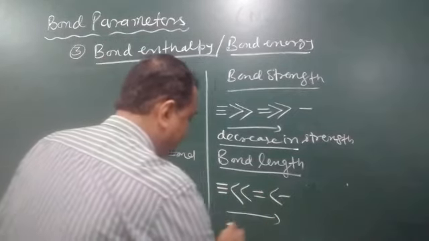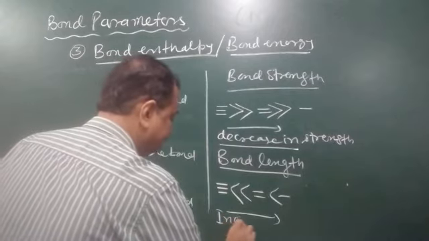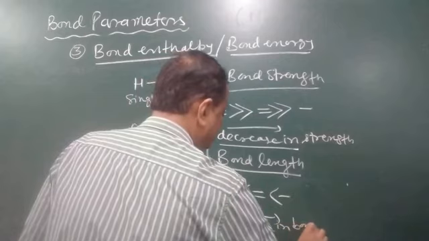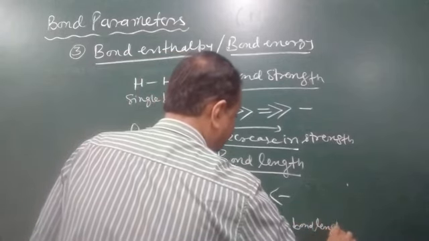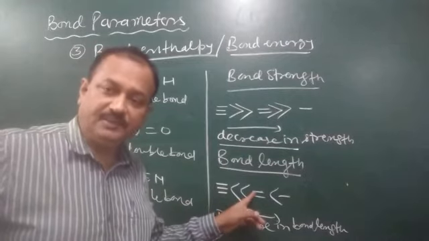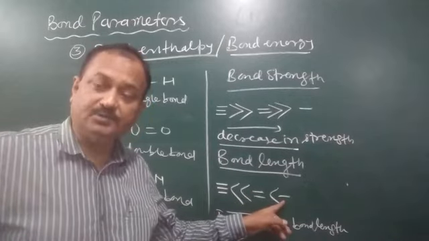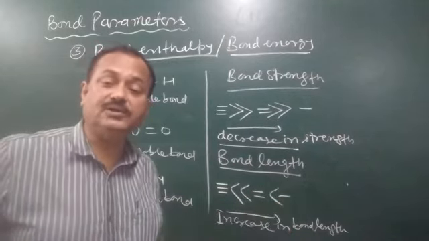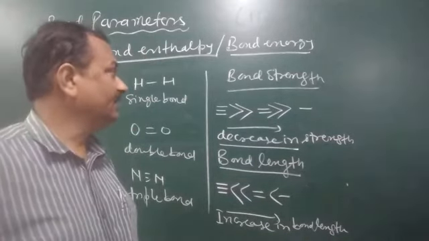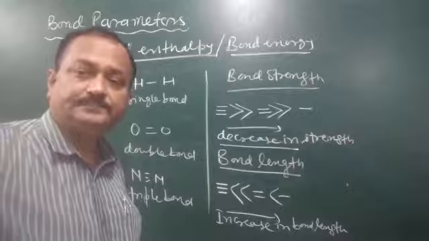So there is an increase in bond length. The triple bond will be the smallest, followed by the double bond, followed by the single bond. And why? Because of the force of attraction. So this is about the bond enthalpy or bond energy.